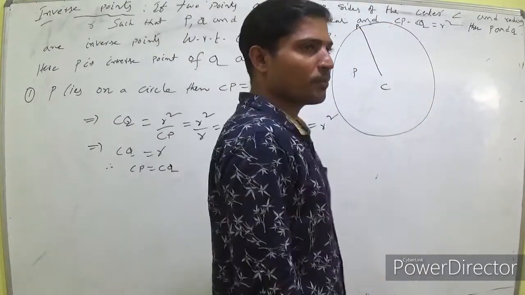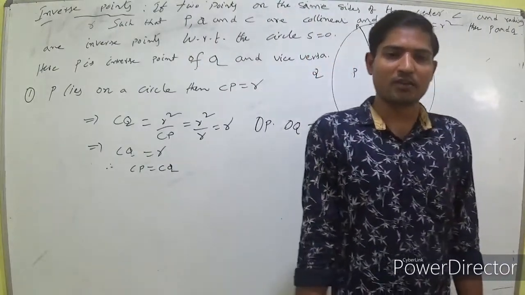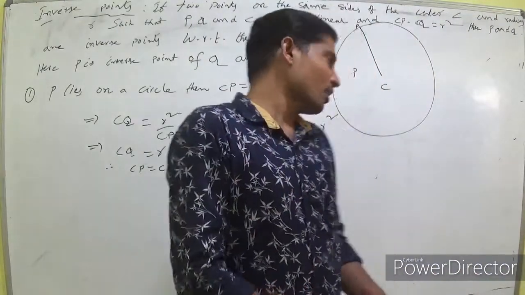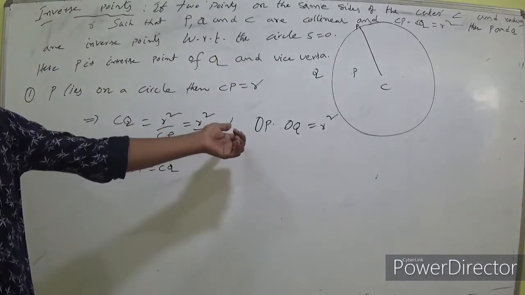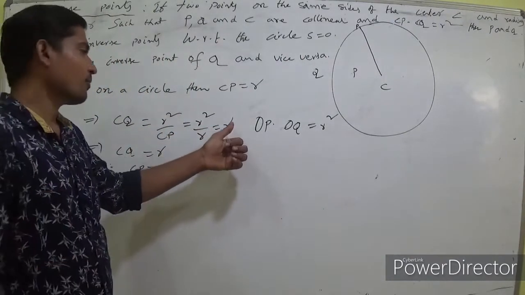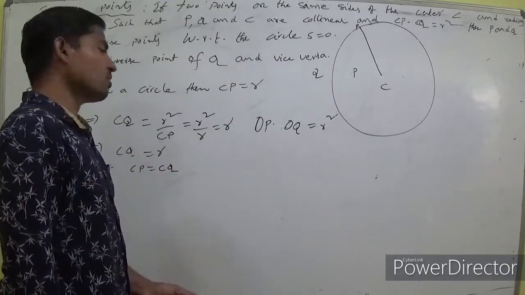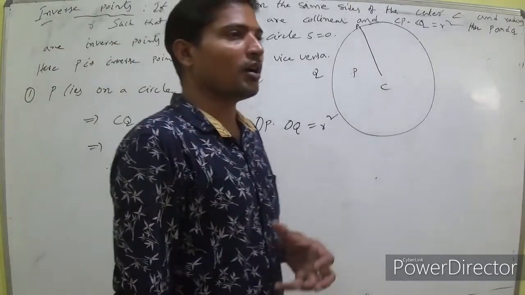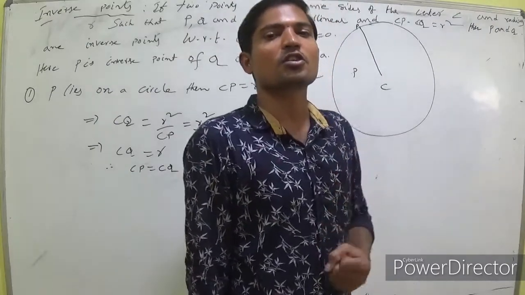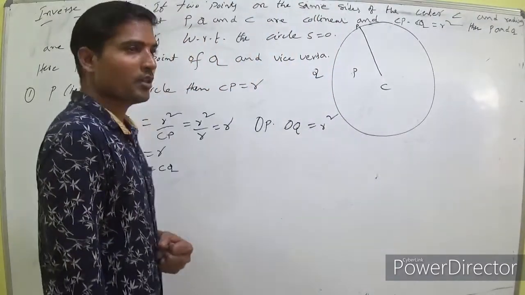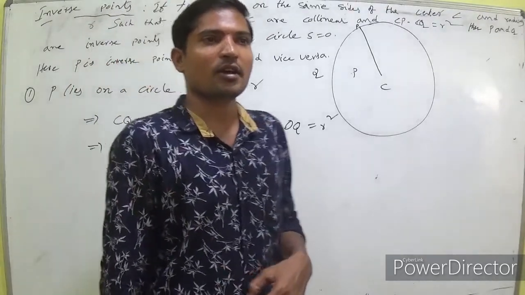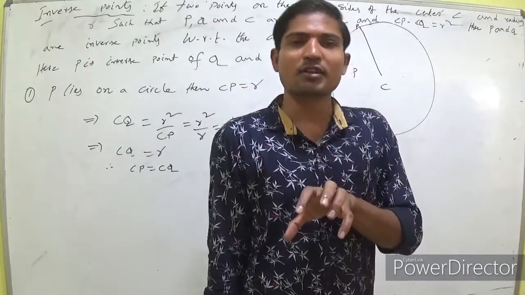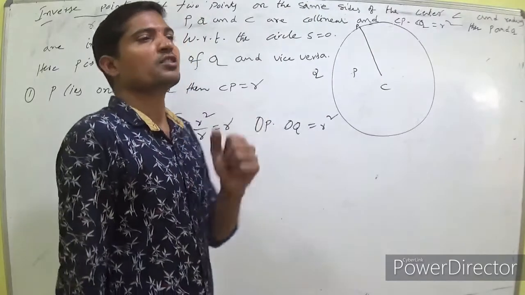Then CP dot CQ equal to R square. But I need CQ. CQ is equal to R square by CP. Finally I got R. So CQ is also R, CP is also R. So CP equal to CQ. Then P is equal to Q. Meaning of it, every point on the circle is an inverse point of itself.